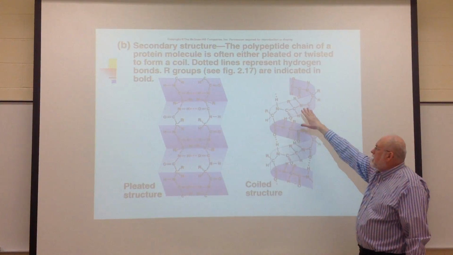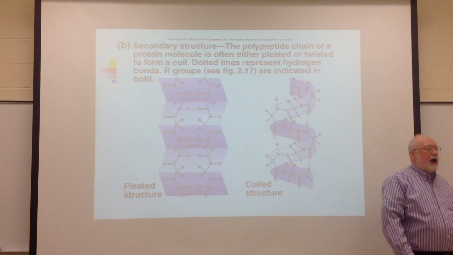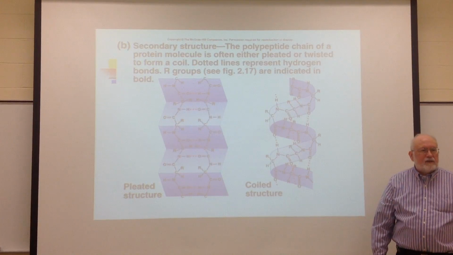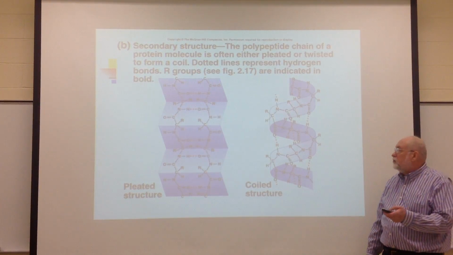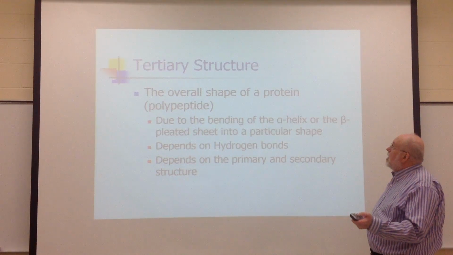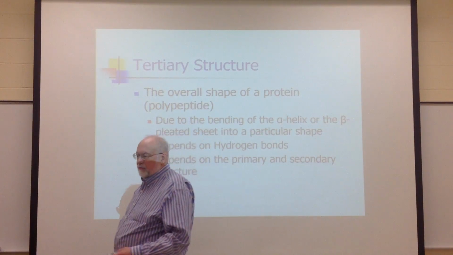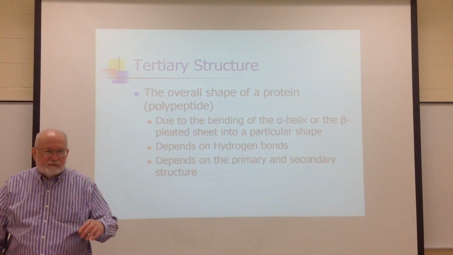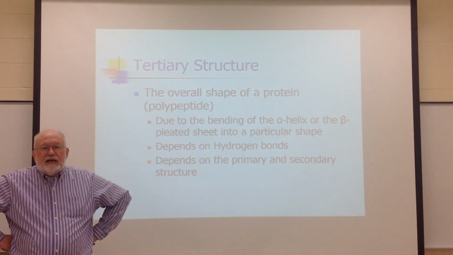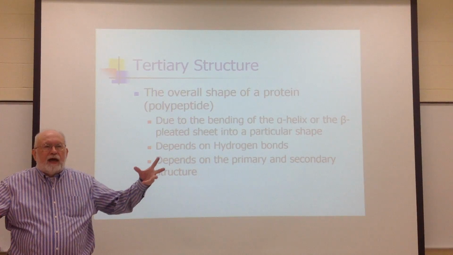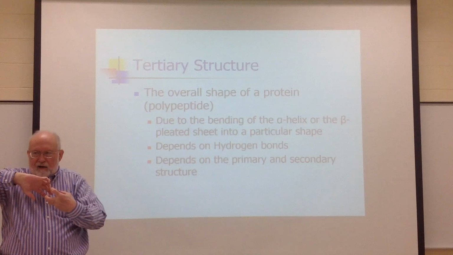And here is the spiral, and again, the red dots would indicate where hydrogen bonds are formed. And that's what's holding it either in the pleated sheet arrangement or the helical arrangement. Now, all of that leads to the next level, the tertiary structure. Once you've got those pleated sheet and helical areas, this whole thing starts folding and bending on itself.